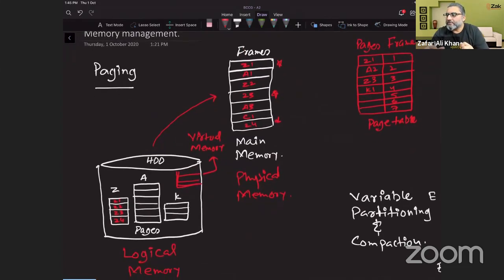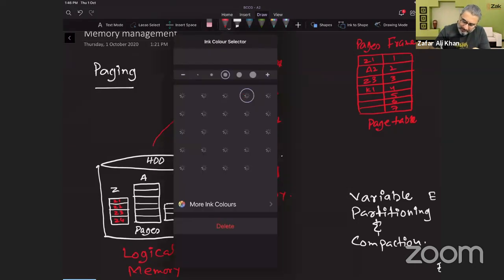Now you would like to load a page from the logical memory, which is K1, and there is no space in the memory. What will happen is that one of the marked frame pages, Z1, will be offloaded to the hard disk in the designated area called virtual memory.